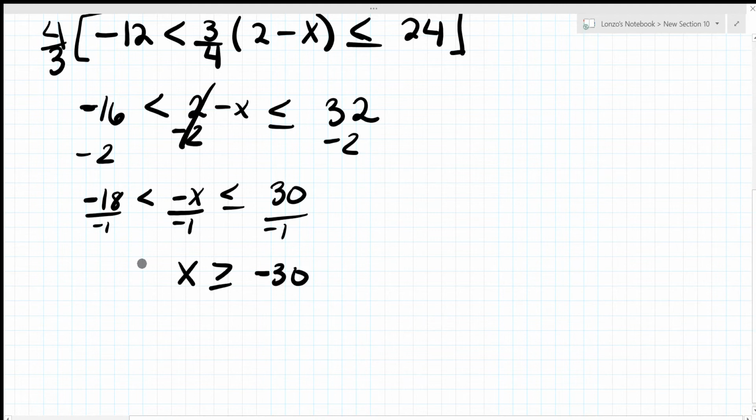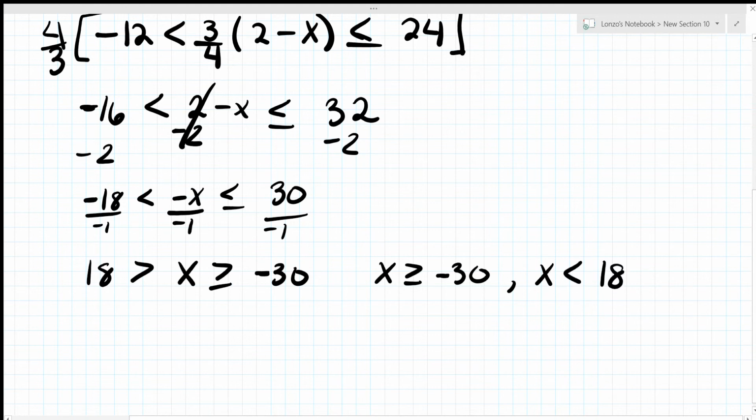Over here, negative 18 divided by negative 1 is positive 18. So this part stays the same: x is greater than or equal to negative 30, and then this part flips, so x is not greater, it's less than 18.